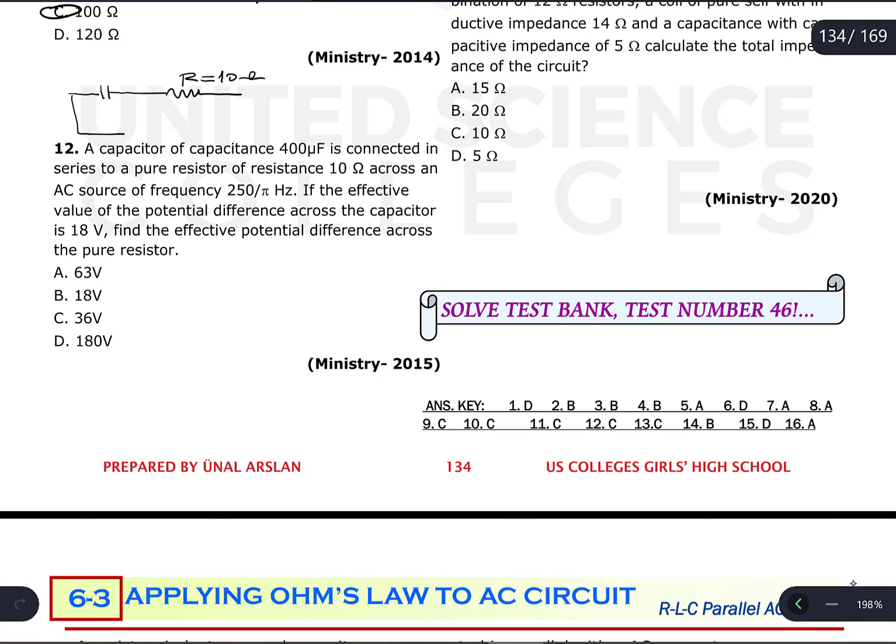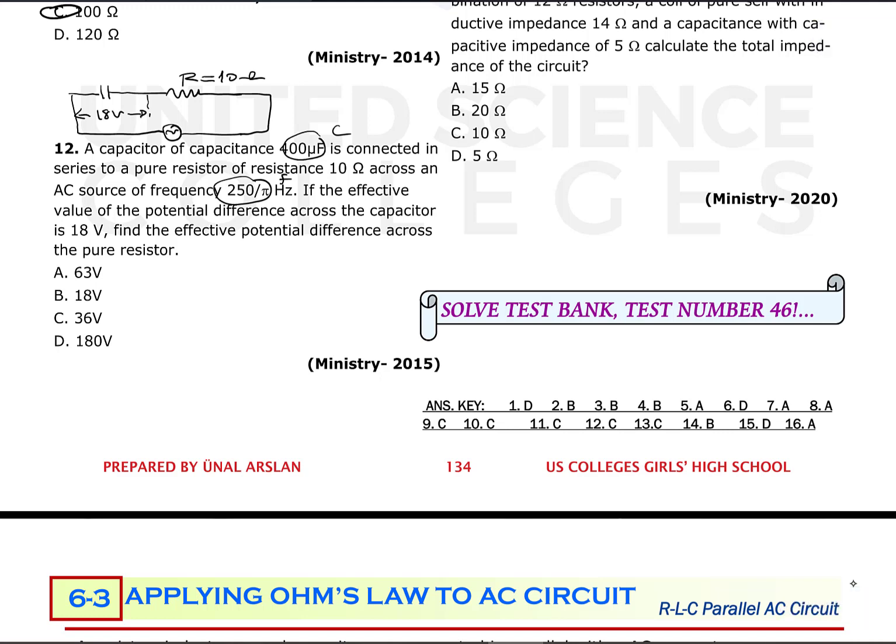So we are going to connect this to a generator. So this is F, this is C. If the effective value of the potential difference across the capacitor is 18 volt, so this is 18 volt. So what is the effective potential difference across the pure resistor? So calculate VR.